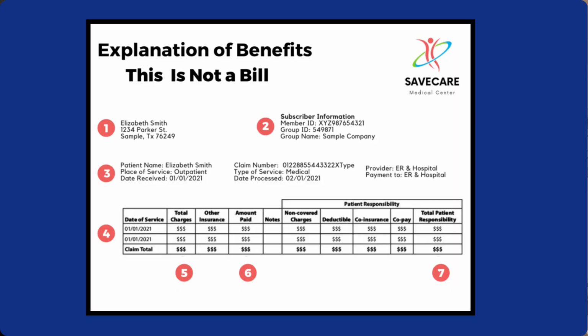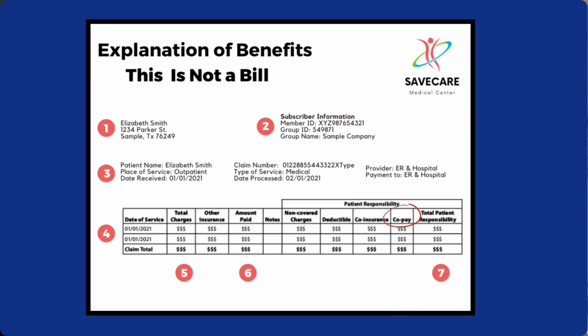Now, this is where a lot of people start to get confused, because now you're going to be looking at the section that shows how your portion was calculated. That usually includes your deductible, copay, and coinsurance. First, you may see an amount applied to your deductible. Your deductible is the amount you must pay before insurance starts paying more of the cost.